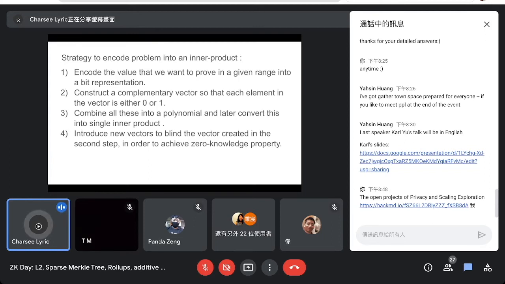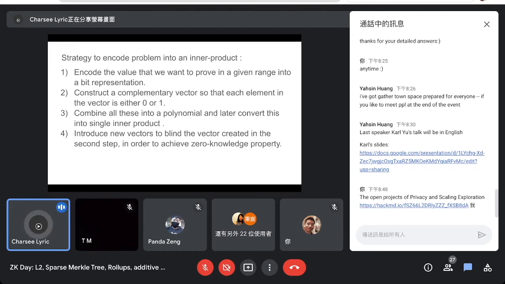From a high level, the strategy to encode problems into an inner product is as follows. We encode the value that we want to prove in a given range into a bit representation, like you encode 3 as 1, 0, right? The problem we face is that we need to make sure that each bit of this representation is actually 0 or 1. So we need to construct a complementary vector to assist us.